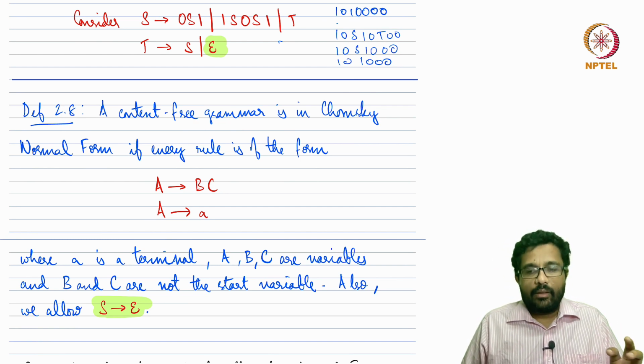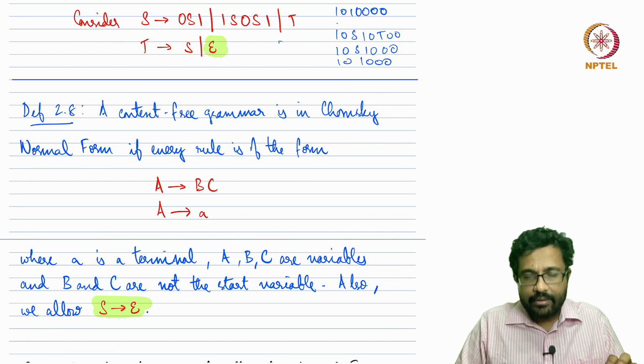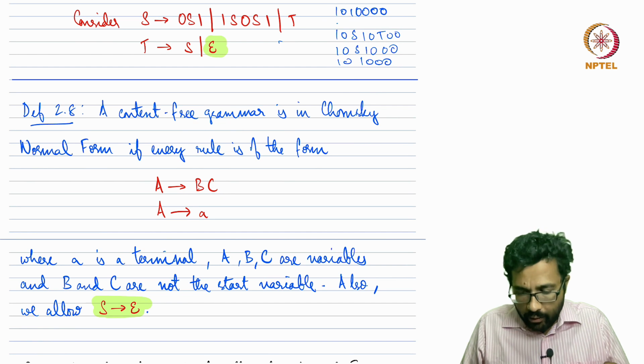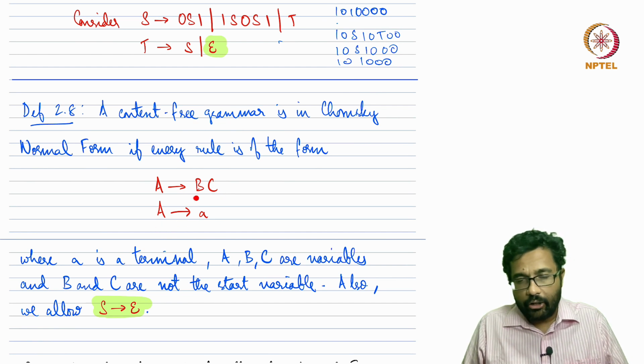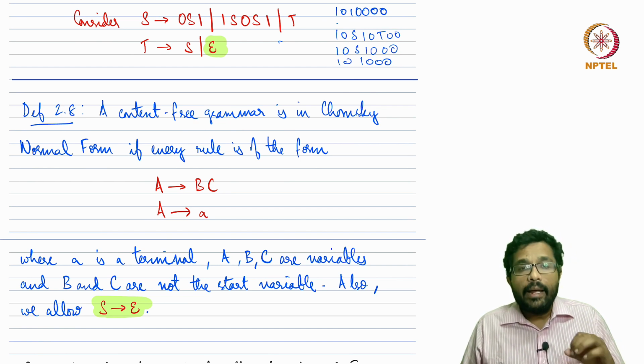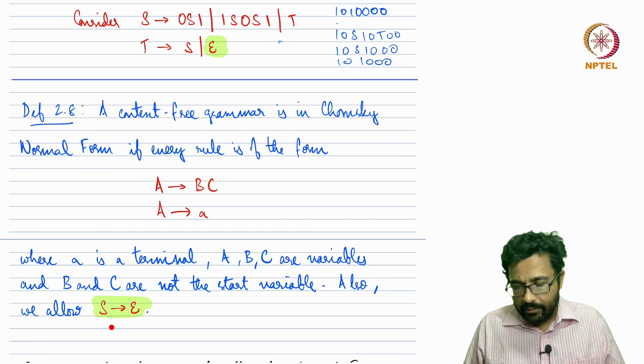So basically the entire CFG consists of rules of this type, A gives BC or A gives small a. B and C cannot be the start variable, and epsilon does not feature in the right hand side of any rule except possibly start gives empty string.